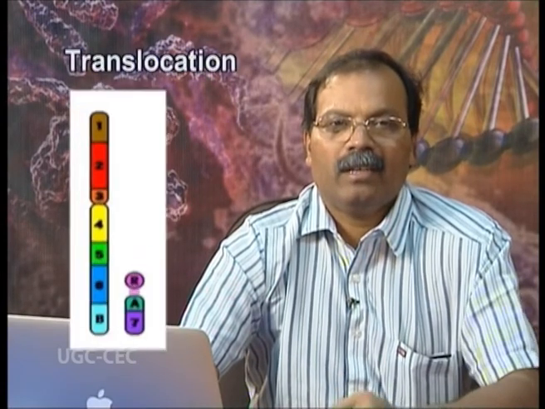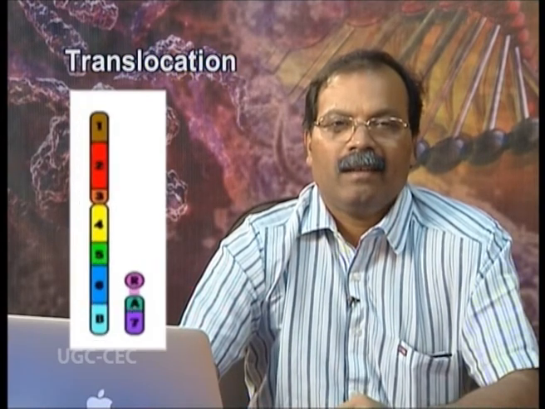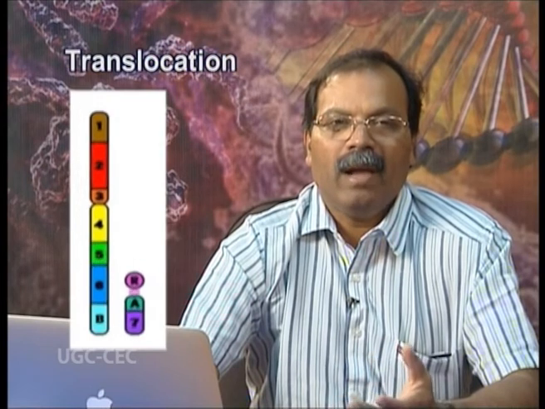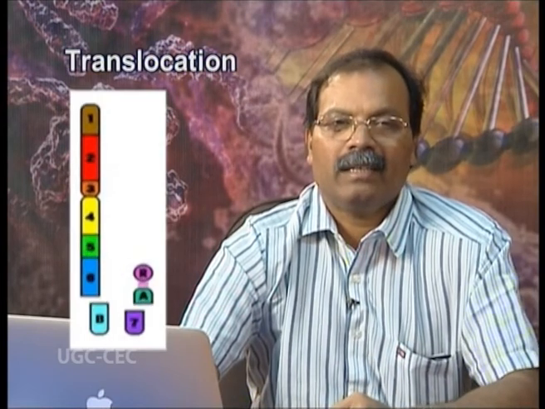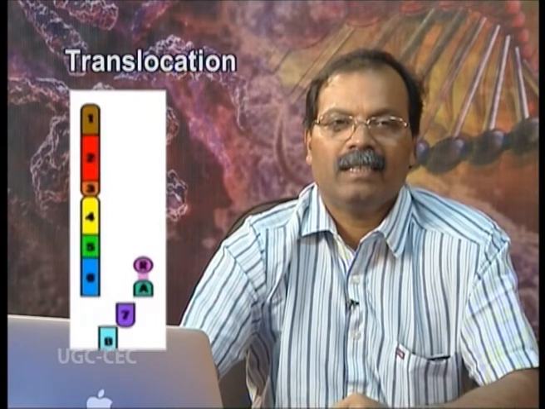I also mentioned about chromosome inversions, where part of the chromosome material is deleted, inverted and rejoined in the chromosome. Another example is reciprocal translocation. Also, we have balanced reciprocal translocations. There is a deletion and translocation.